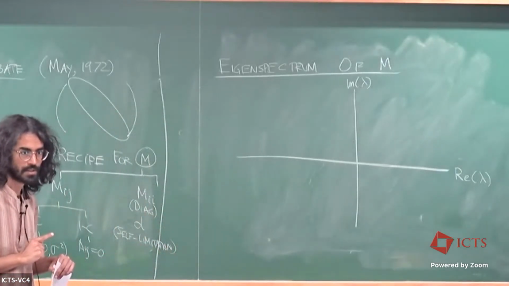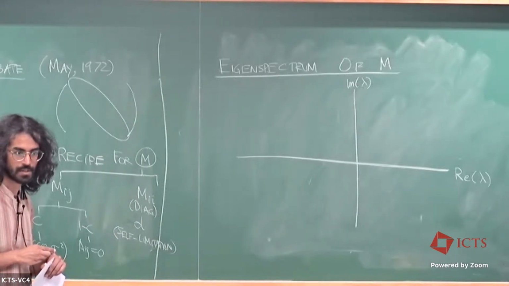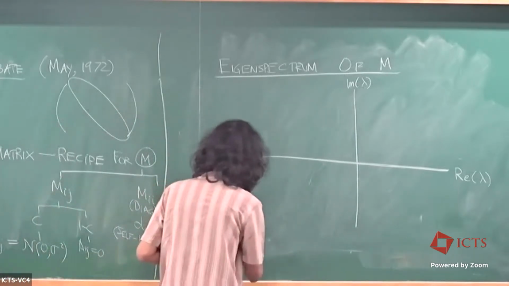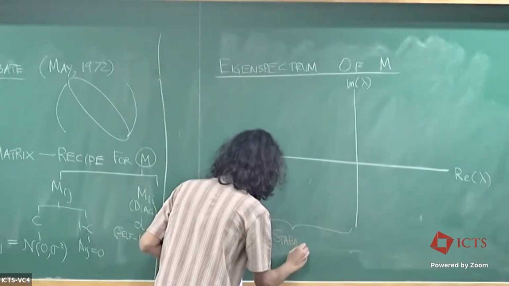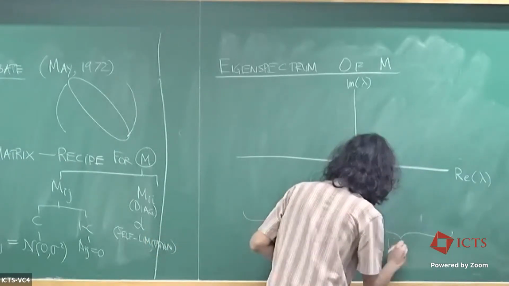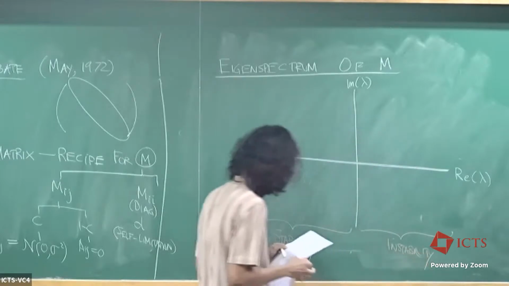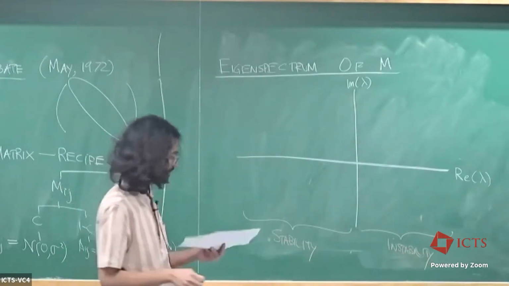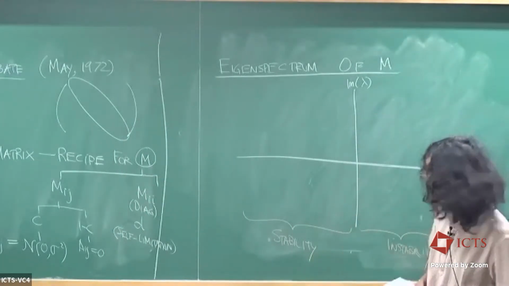Okay? Ready, 3, 2, 1. Yep, we want to be on the left, right? So that region is a stable region. You get stability. That region is a region of instability.